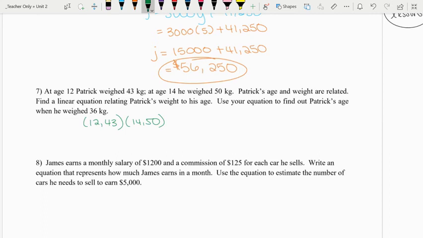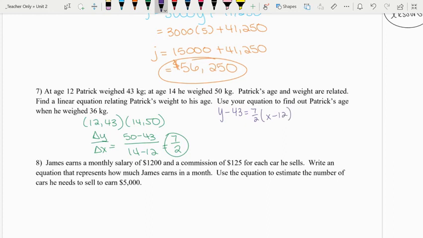So, like always, we have 2 points. Let's find the slope. So we have 50 minus 43 over 14 minus 12. That gives us 7 over 2, which can't reduce. At this point slope, y minus 43 equals our slope times x minus 12.